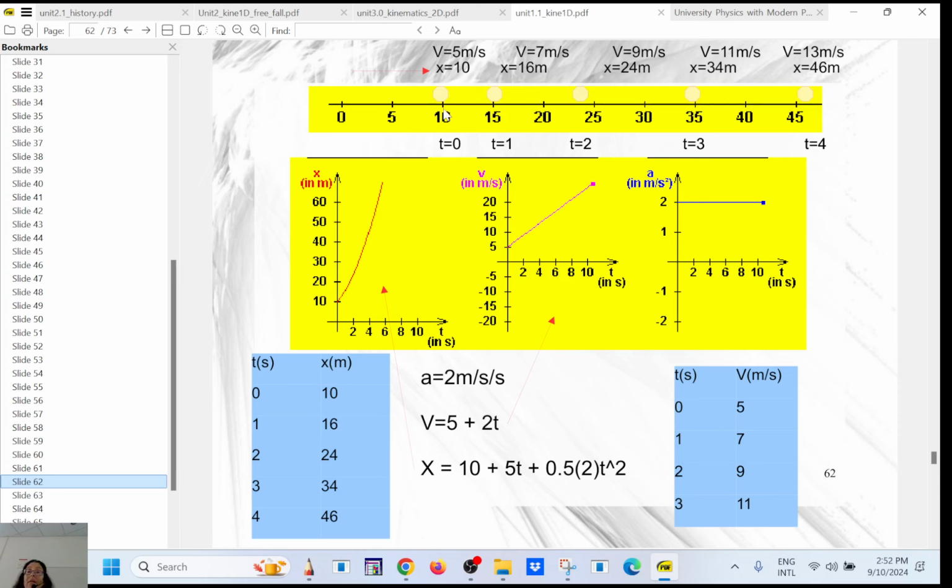The position on the number line, if you are accelerating at a constant rate, you're going to get a parabola. And what's the equation of the parabola? It's going to be initial position x0 plus v0t plus 1/2 at squared.